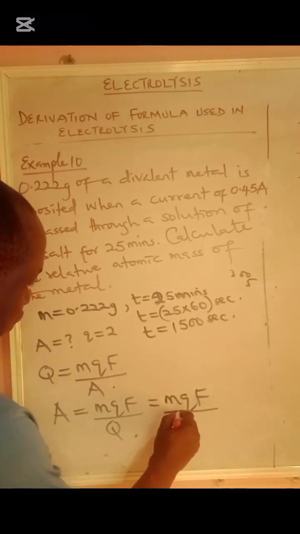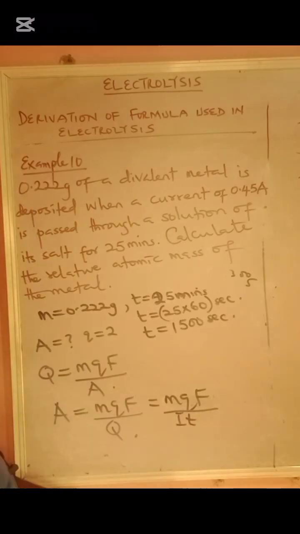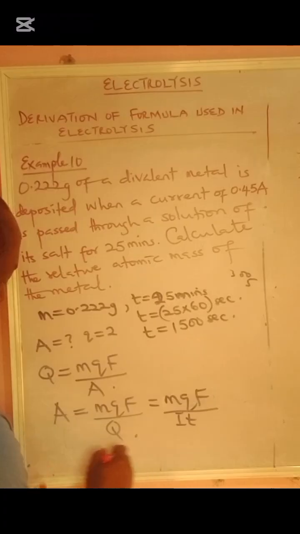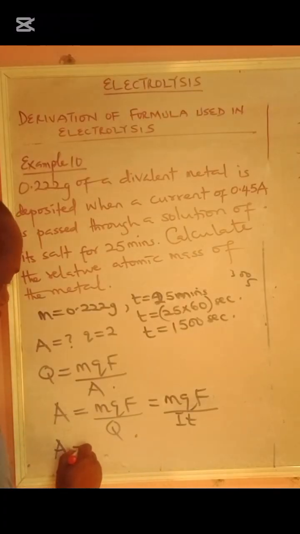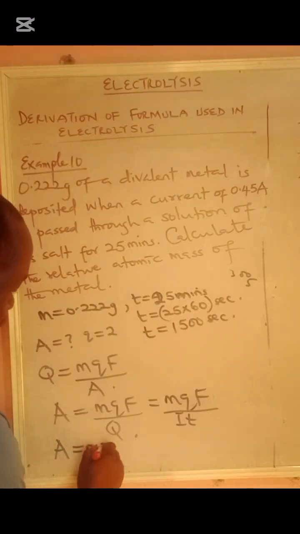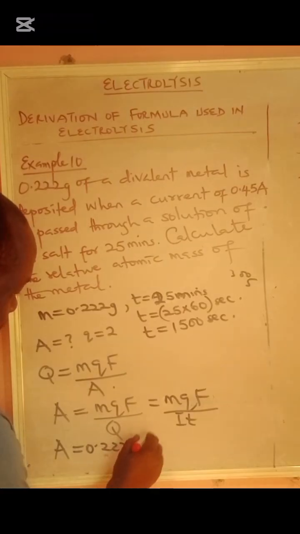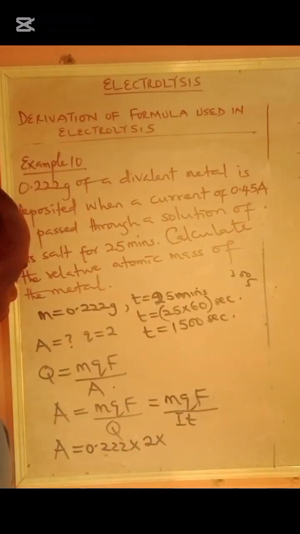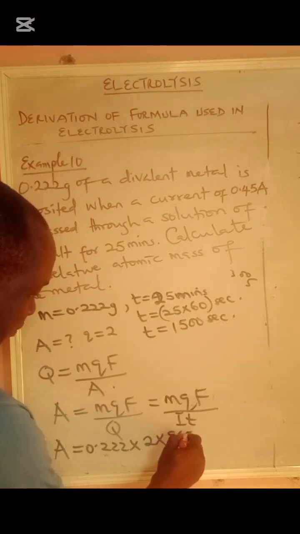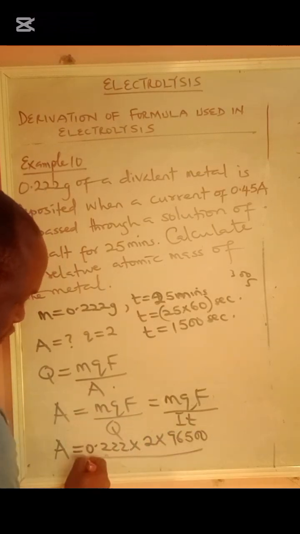Q is not given, but we know Q to be IT, remember? So our A now will be, what is our mass? 0.222 times the valence, which is 2, times F. Faraday, that is 96500 for 1 Faraday, all over IT.